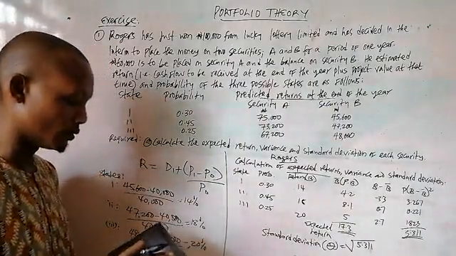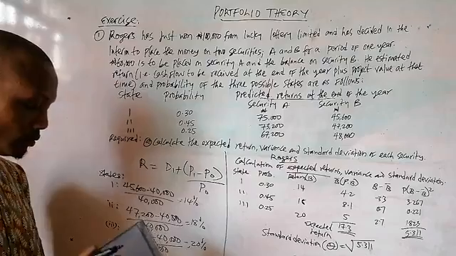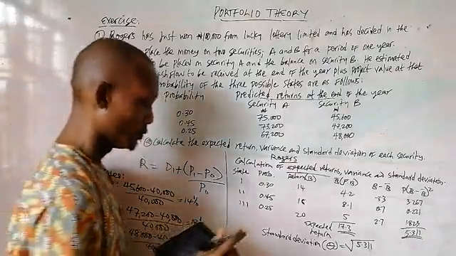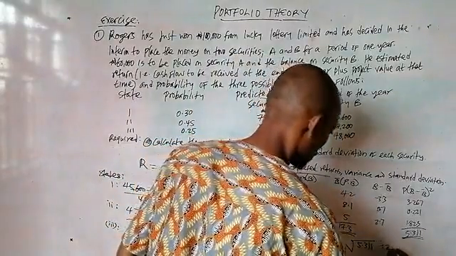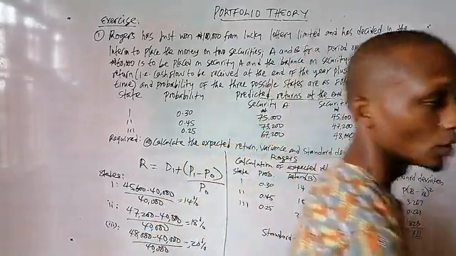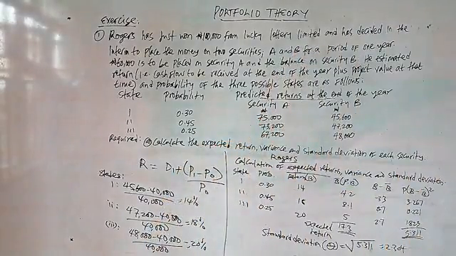So which is what? That is 2.304. Okay, so 2.304.